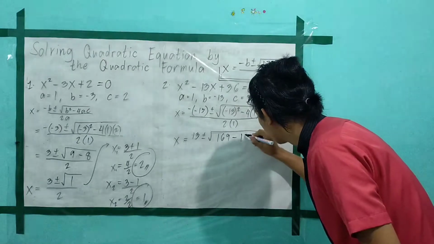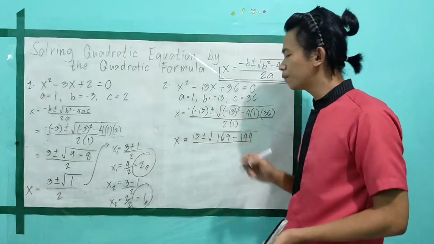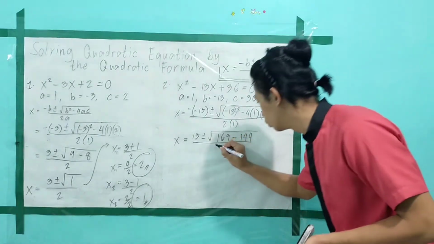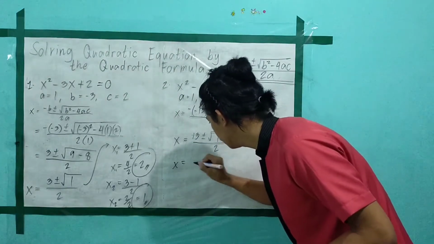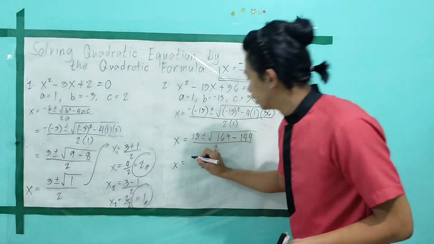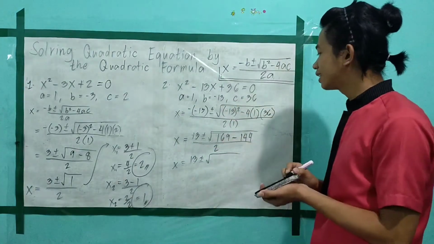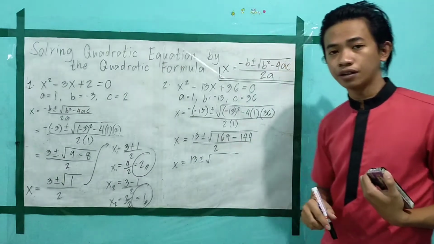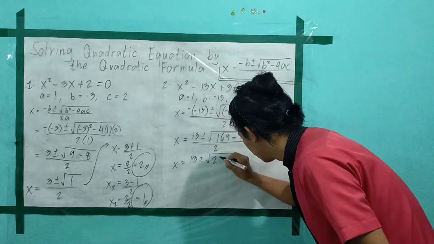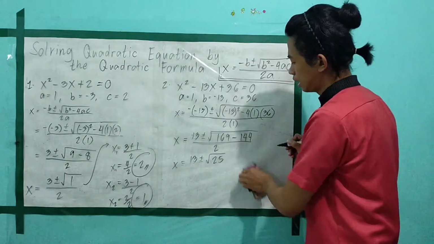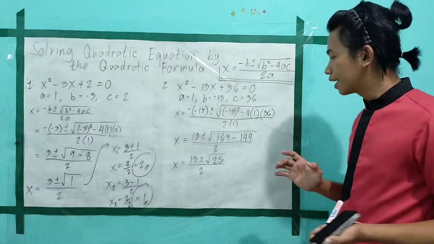So, less 144. All over 2 multiplied by 1, we have 2. Then next, simplify natin. X now is equal to 13 plus minus square root of 169 less 144. What will be the answer? We have 25. That's it. And then, all over 2. Okay, next tayo.